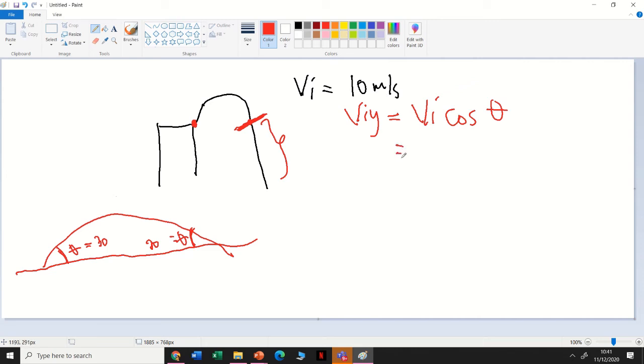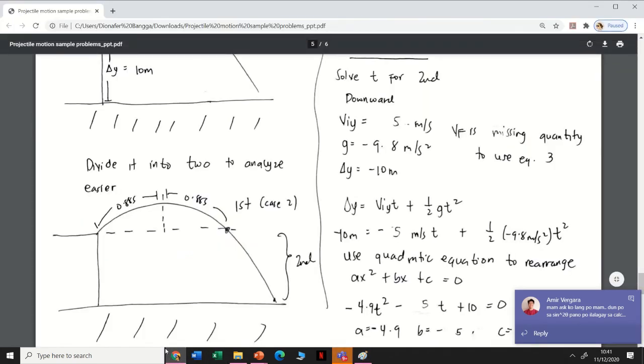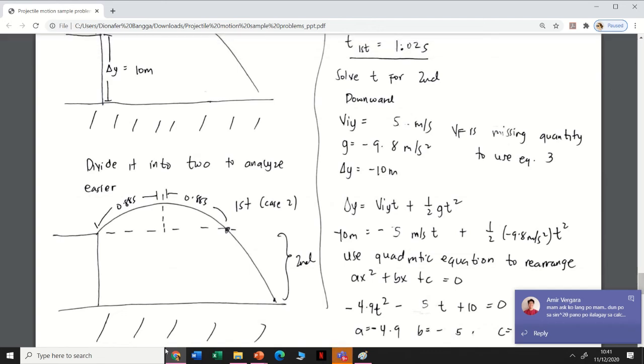So with that, we can just simply solve for the VI cosine theta, which would give us 10 meters per second cosine 30 degrees. So it would give you the value of what we have here, which is the 5 meters per second. We will just have to indicate that it is negative because the object is moving downward.